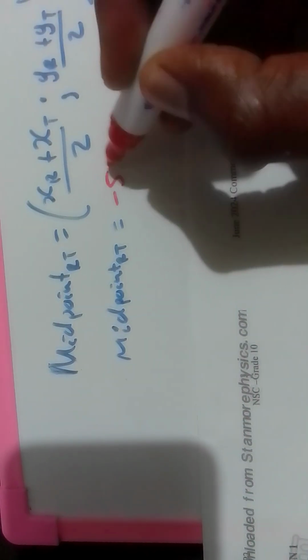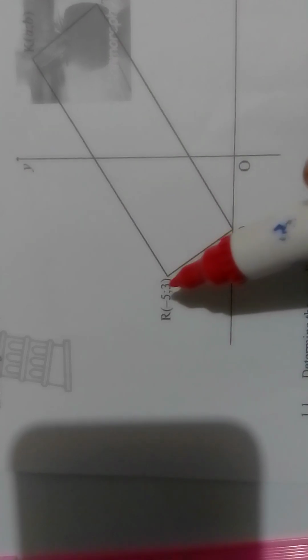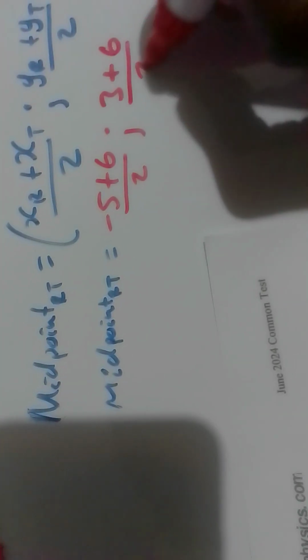-5 plus, and then for point T our x is 6, so we've got 6 here, all over 2. Now we go to the y for coordinate R, which is 3, plus the y at point T, which is 6, all over 2.